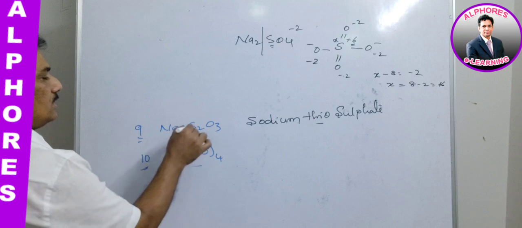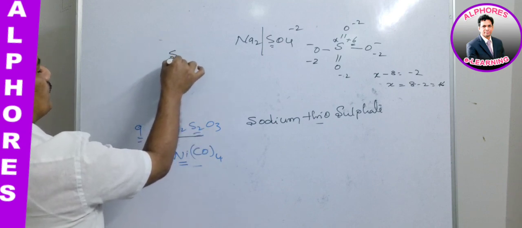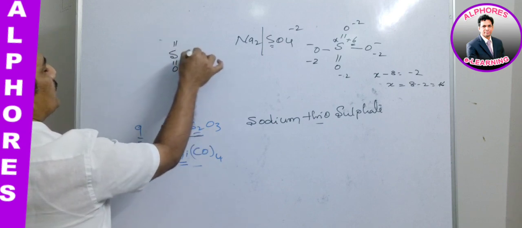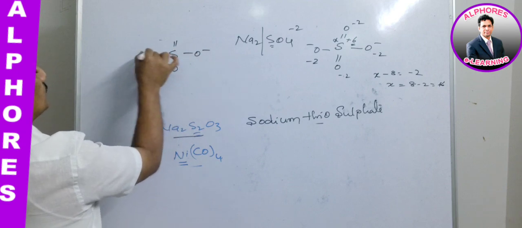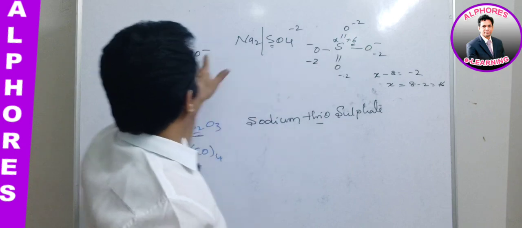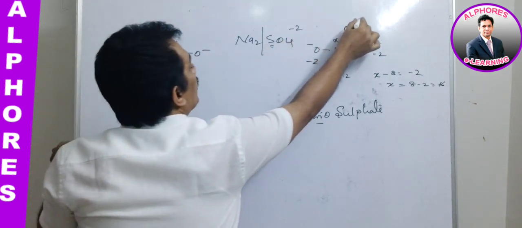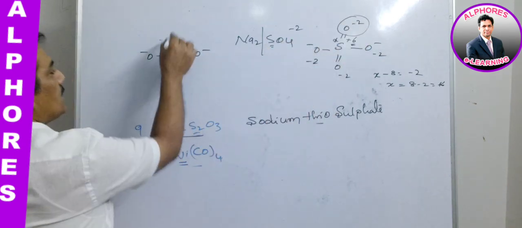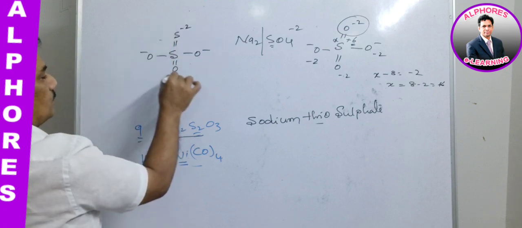In the same manner, this S2O3 also has a structure. Just observe: oxygen, oxygen, oxygen. But instead of the fourth oxygen, the second sulfur is existing with -2.